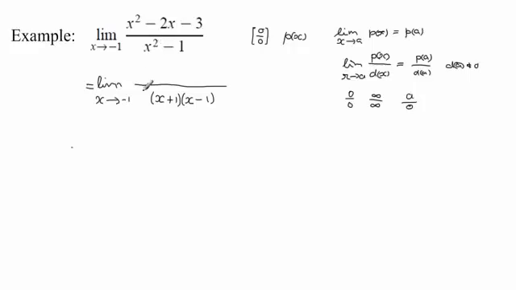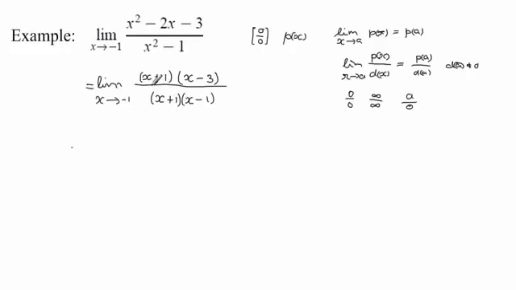And in the numerator also we note that we've got factors x plus 1 multiplied by x minus 3. So as you can see, this rational fraction here is equivalent to that.